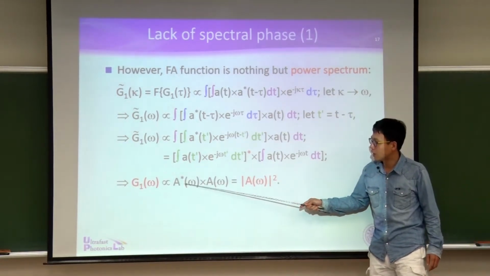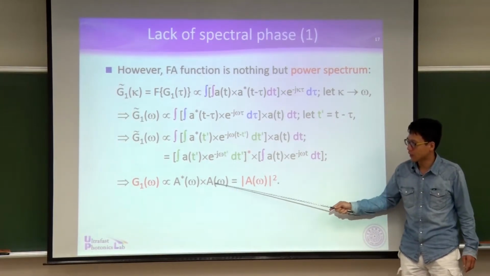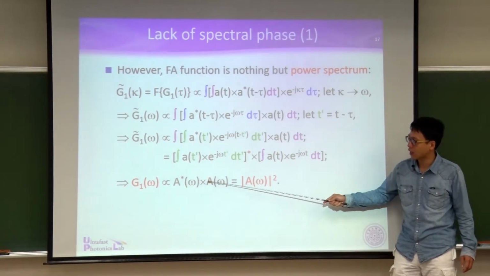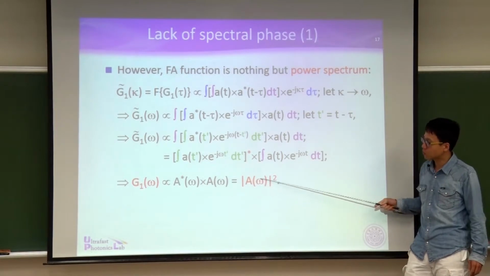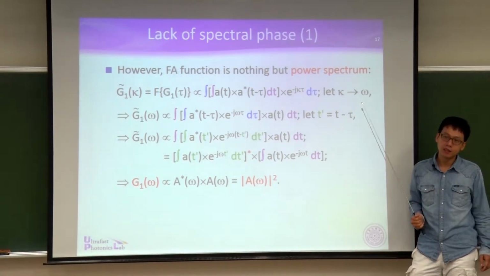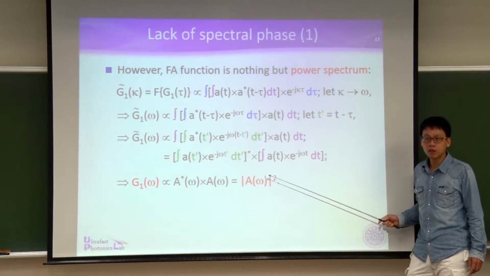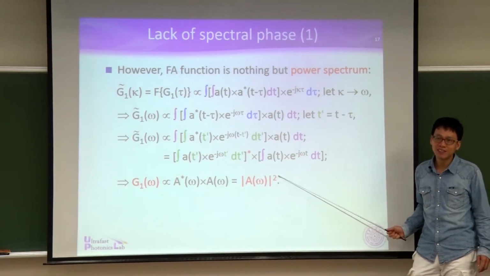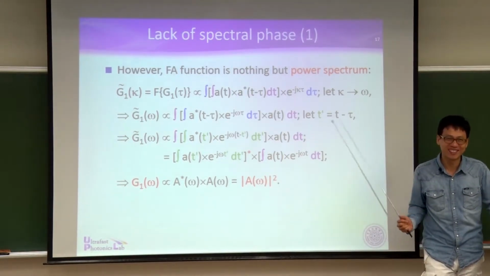This is A star. The second integral is A. You have A star times A, which is the absolute square of A. But what is the meaning of A absolute square? The power spectrum, right?